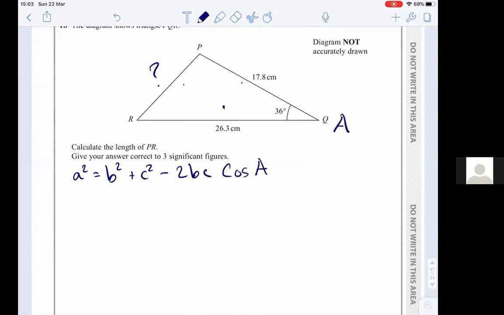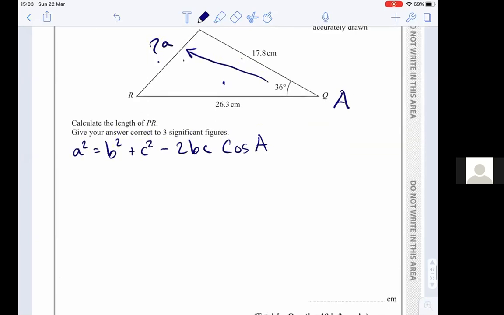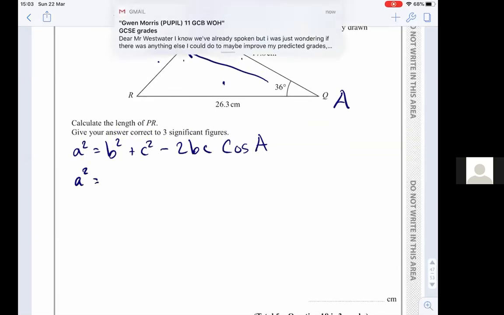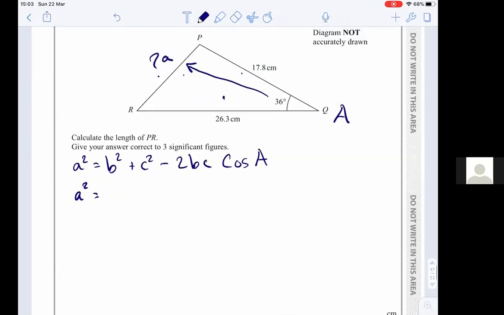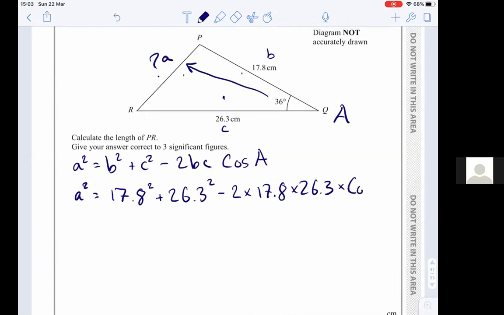Now here, A is this angle, and that means that little a is going to be the side directly opposite that angle. So a squared is going to equal, now b and c could be either of these two. So let's say a squared equals 17.8 squared plus 26.3 squared minus 2 times 17.8 times 26.3 times cos 36.